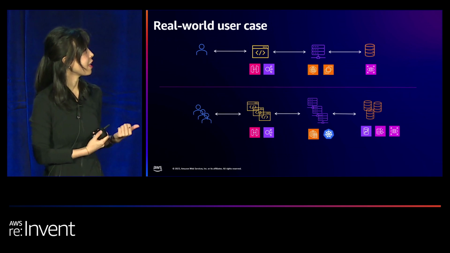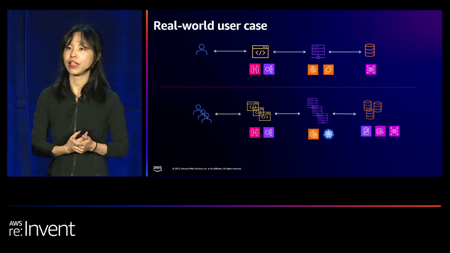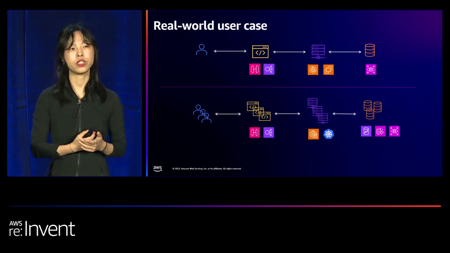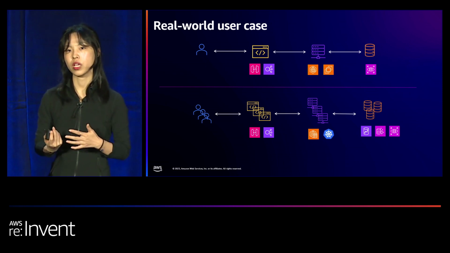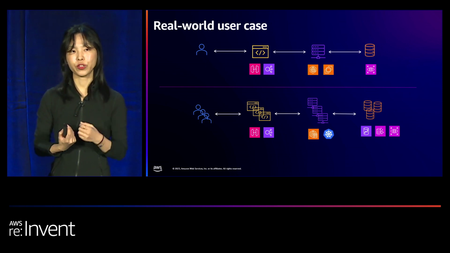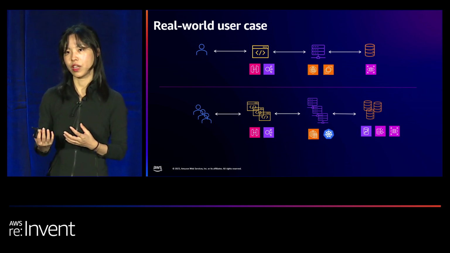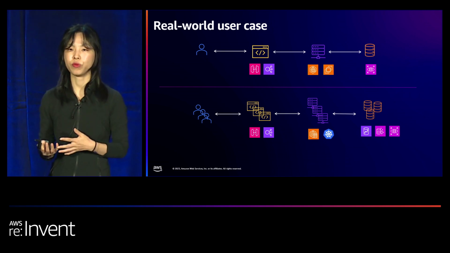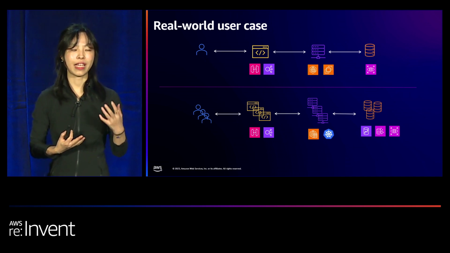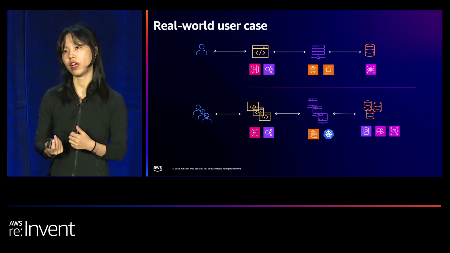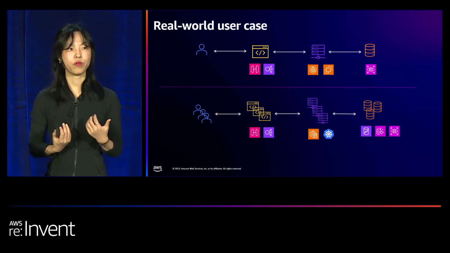Now, here's the very simple real-world case. If you're a team leader or a developer, your first requirement is to launch your service to the market as soon as possible, so you can test its market fit. At the beginning, it's very simple.